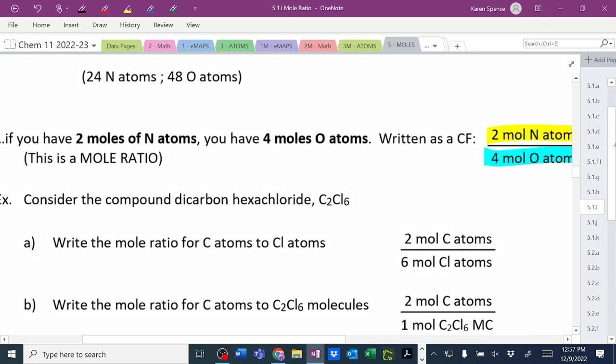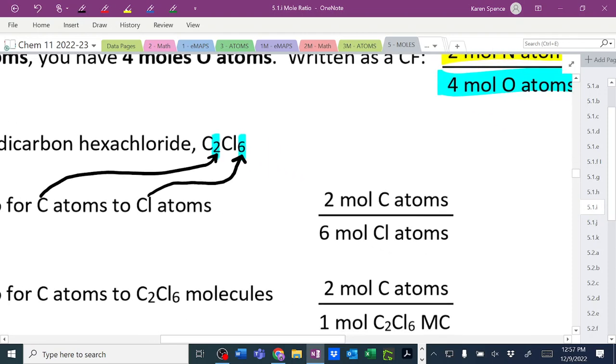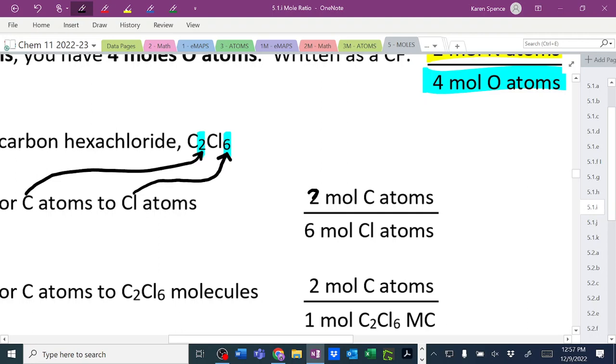So if we consider the compound dicarbon hexachloride, so dicarbon means C2, hexachloride means Cl6, we can write a mole ratio of carbon to chlorine where we have a 2 to 6 ratio. So there are 2 moles of carbon atoms for every 6 moles of chlorine atoms.